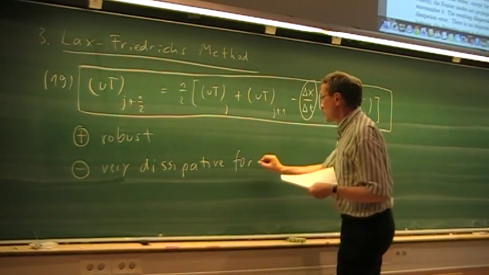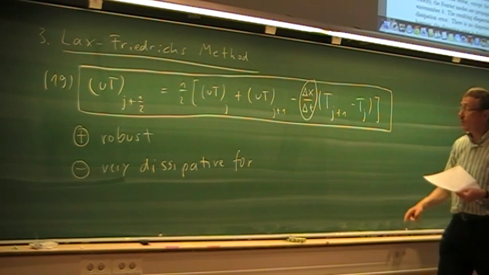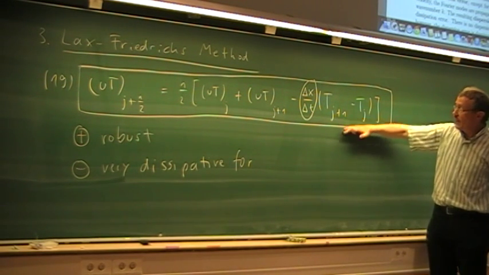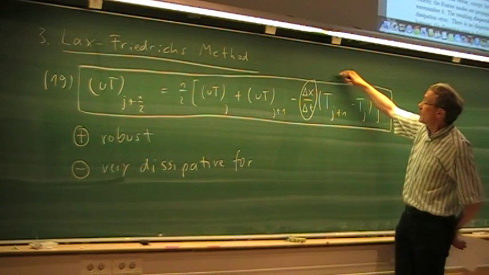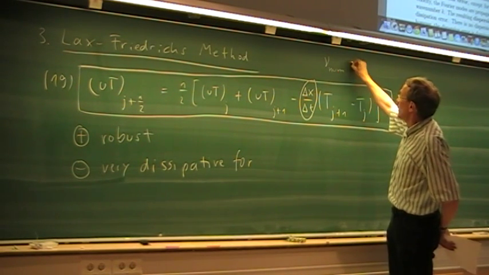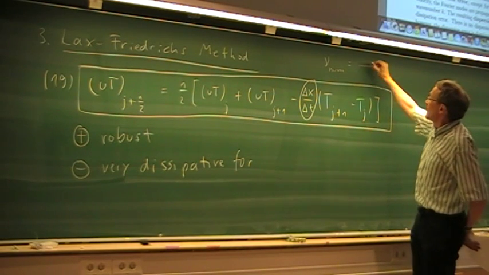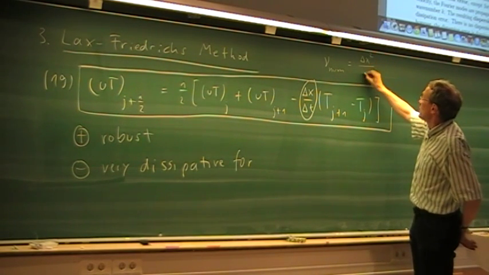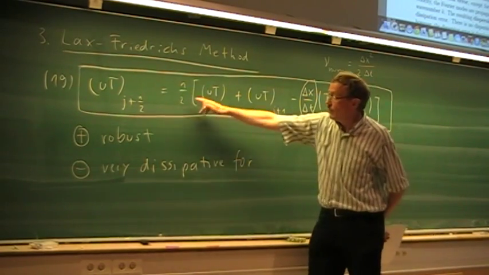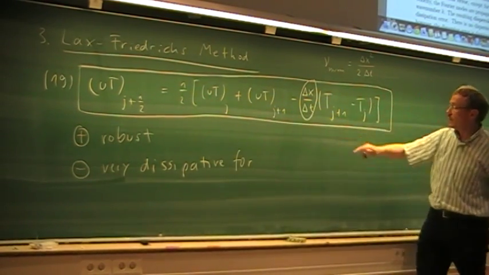And you can also see that it is very dissipative, because the analysis of the flux we did for the upwind method, we can also do here. If we divide by delta x and multiply by delta x, we see that the numerical viscosity, I write it in this form, is delta x squared divided by 2 delta t. So we have the 2 here, and we have the delta x over delta t here.